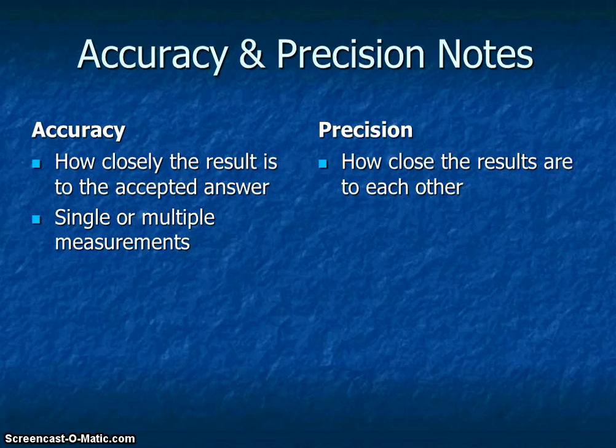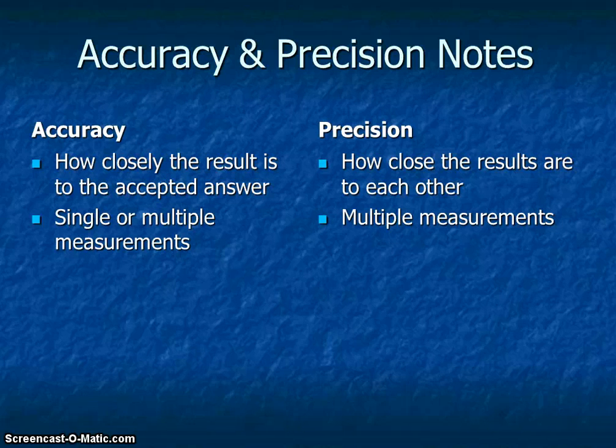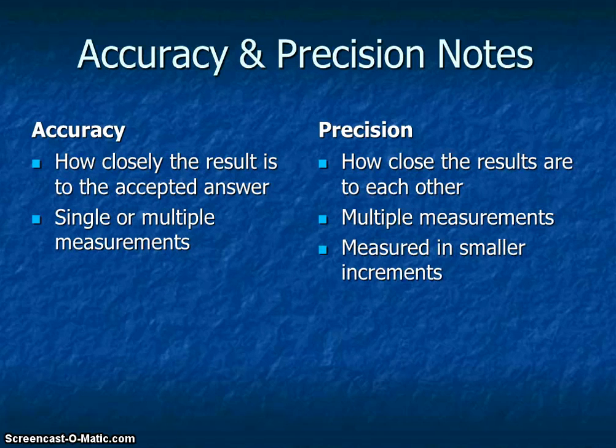So when we look at accuracy, we can look at either a single measurement, like I was talking about with that car where you ran it once, or we can talk about multiple measurements. Precision always results from multiple measurements. I can't tell you if you're precise if you only use that toy car once. Precision is also something we can measure as existing in smaller increments.